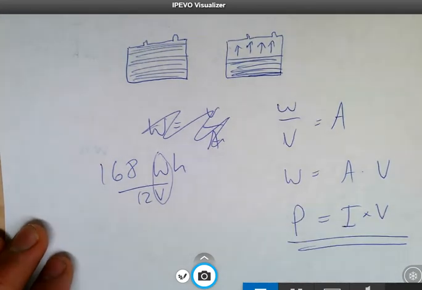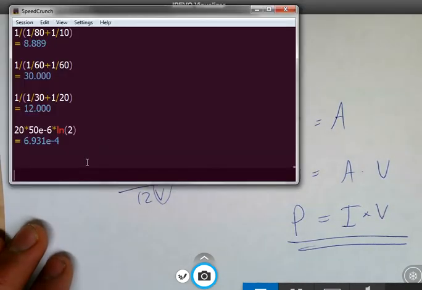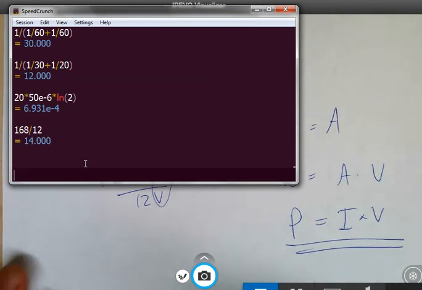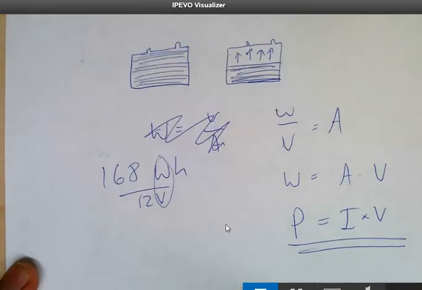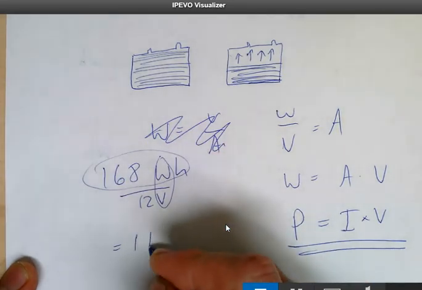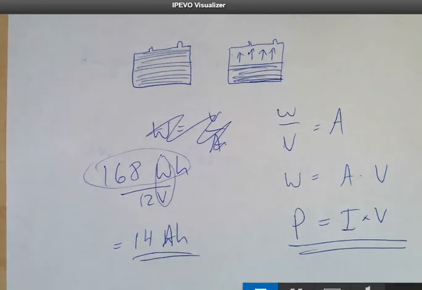So 168 divided by 12, let's get that on a calculator here. 168 divided by 12 is 14. So in other words, the 168 watt hours that we need divided by 12 volts gives us 14 amp hours, which is basically what we need for this situation.